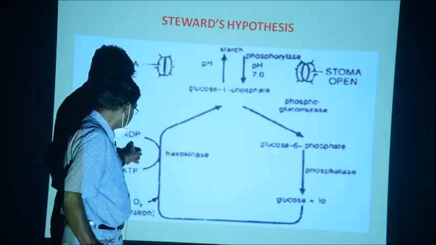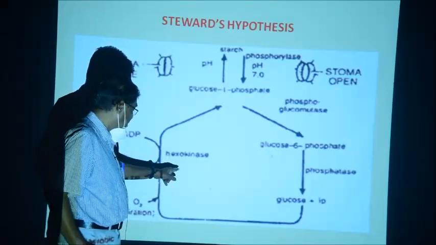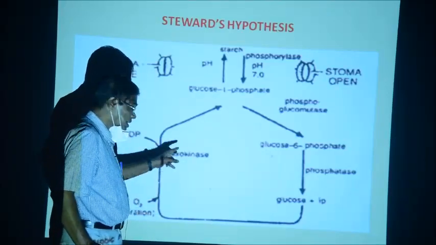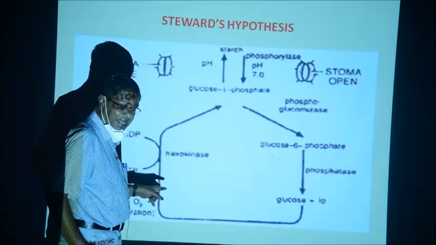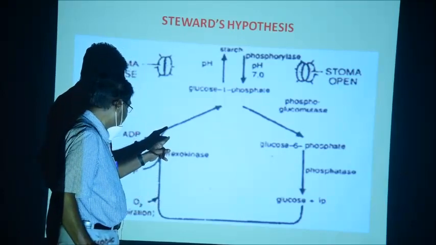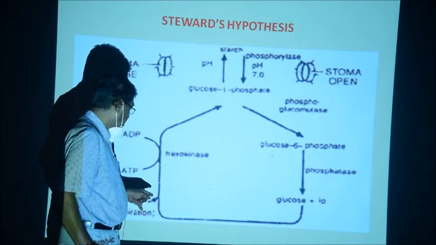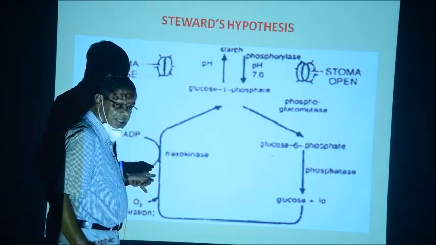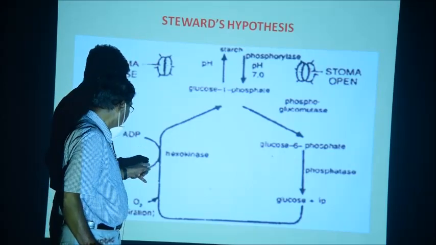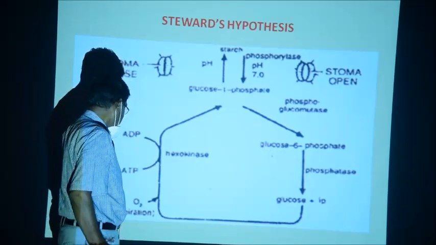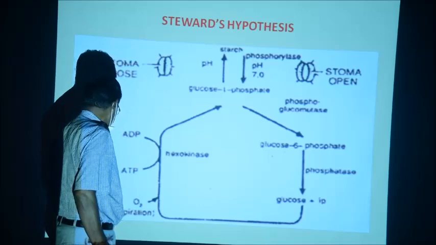Hexokinase, because glucose is 6 carbon, and kinase is the enzyme which adds phosphate from ATP or removes phosphate from any compound.